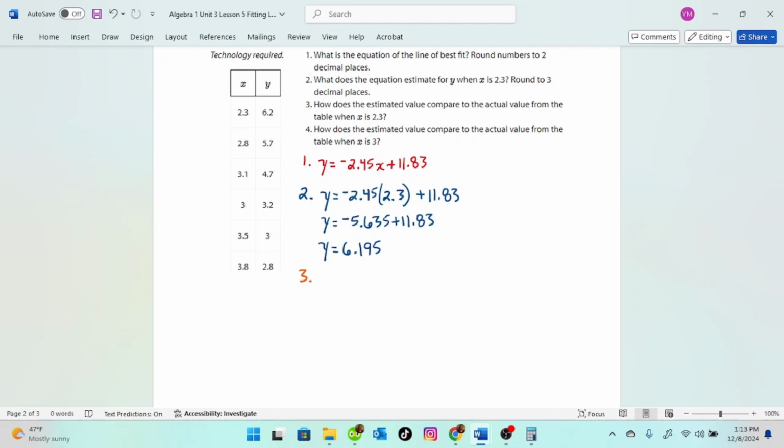Well, the real value in the table is 6.2. The estimated value is 6.195.